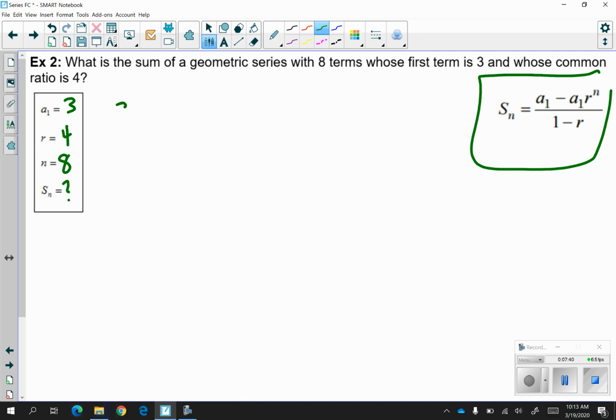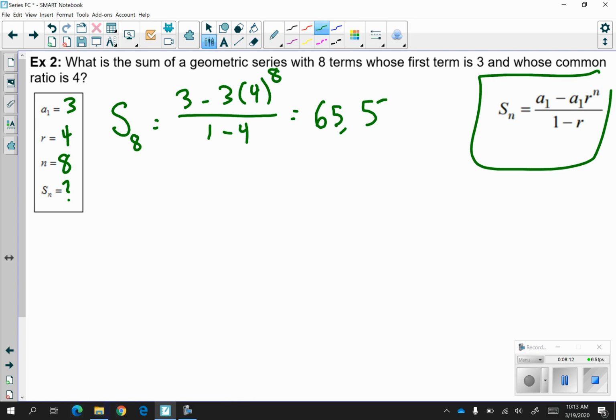So the sum of the first 8 terms is equal to 3 times 1 minus 4 to the 8th power over 1 minus 4. Try putting that in your calculator. And if you put that in the calculator, you should be getting 65,535.